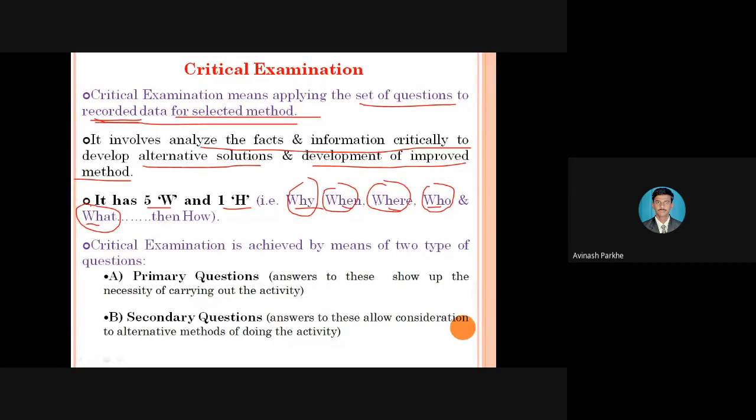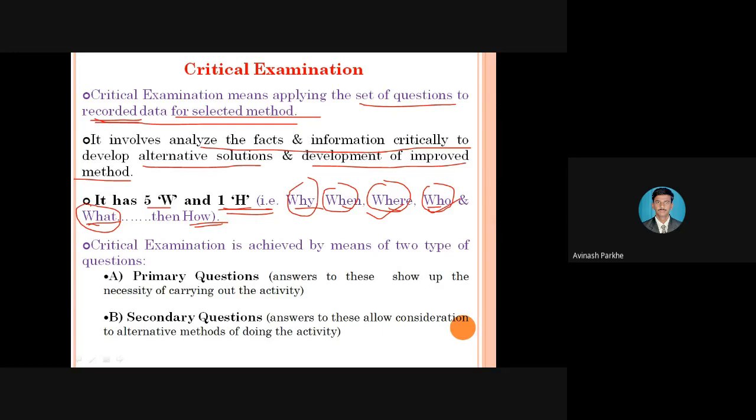This is the first question. When do we modify the existing process, where do we perform the modification, who is modifying the method, and what modification are we doing? These are the 5 types of questions we ask of the existing method, and one H is there. Capital H means how. If I have to go for the modification, how will the modification be done?